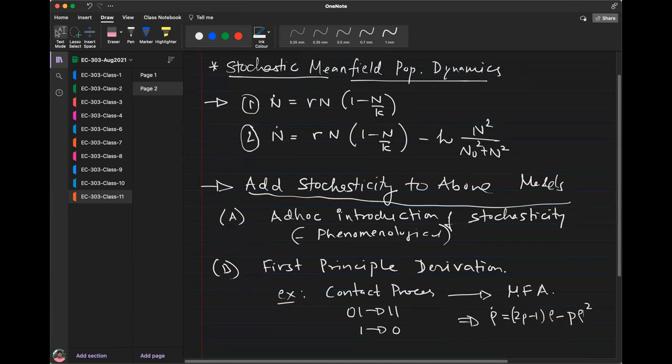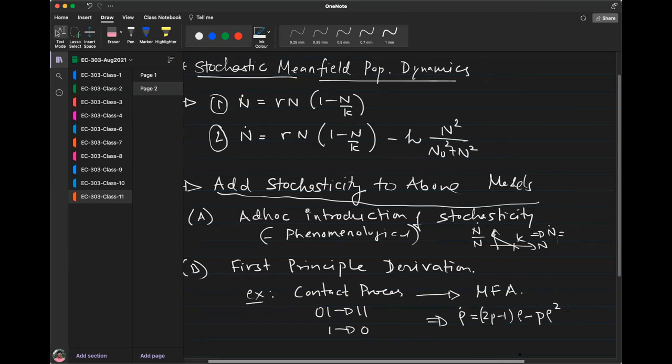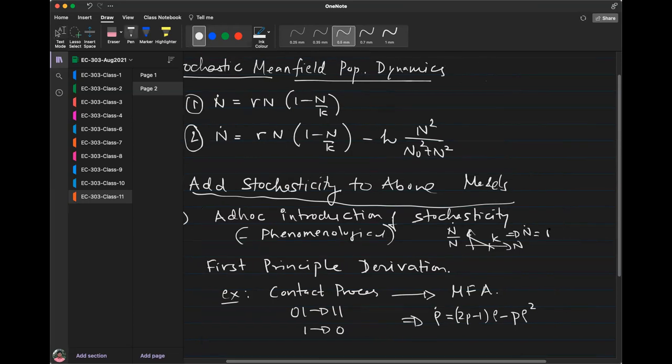Whereas the way we did in EC201, where we argued that the per capita growth rate must follow this kind of a curve, and therefore I write n dot is equal to R n into (1 minus n by K).